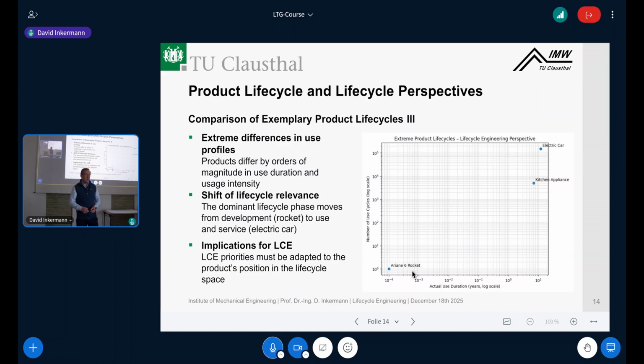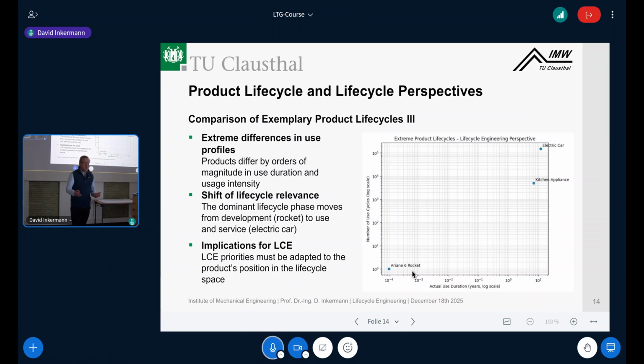Yeah? And this shifts for sure also the relevance of the life cycle perspective. For Ariane, it will not be relevant to think about recycling, but it is for sure relevant for the other two products.